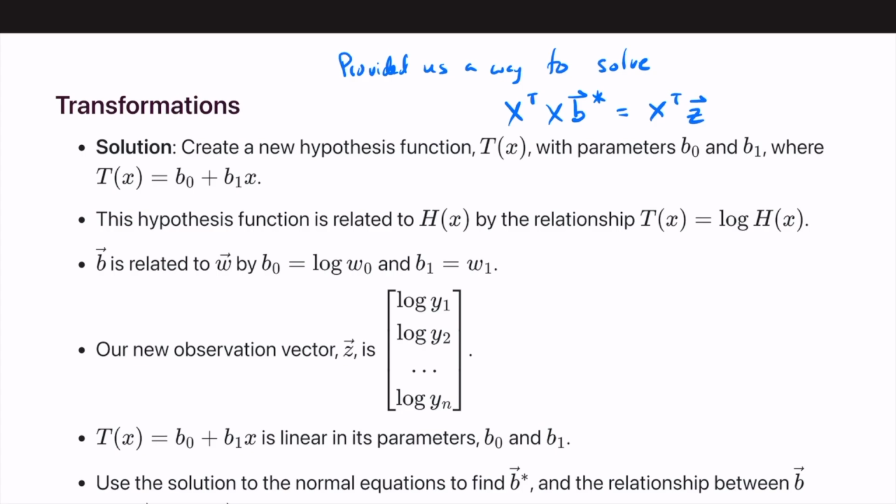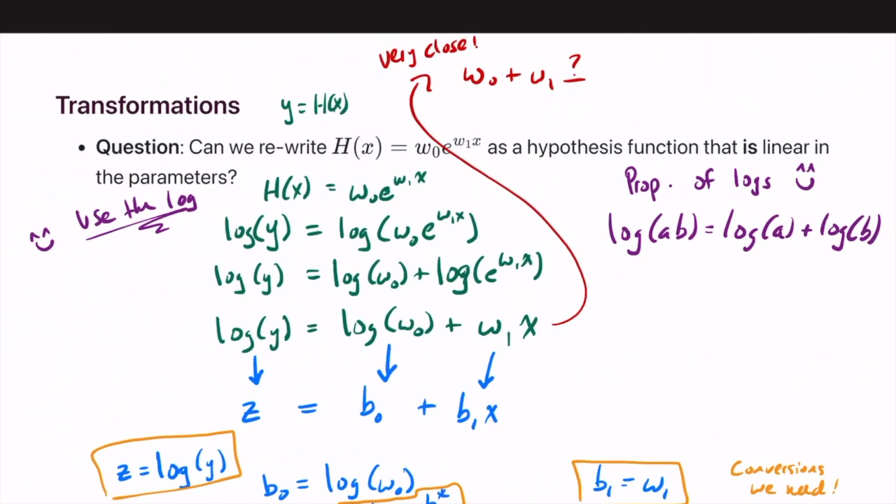This beta coefficient is our new parameter vector. Remember, that's where that W vector would have been. And then the Z1 would be our new observation vector, previously the y, which is what we've substituted here.